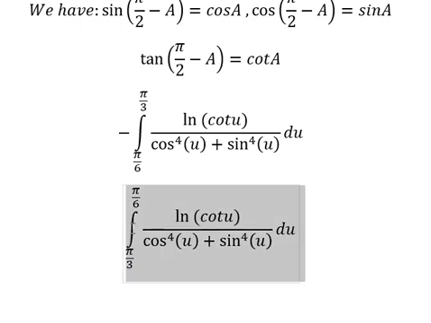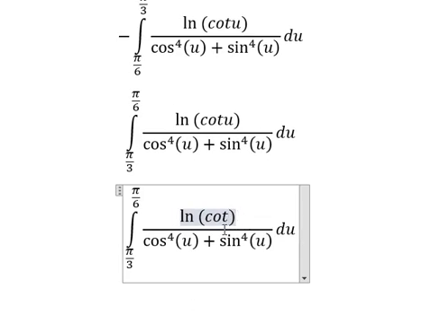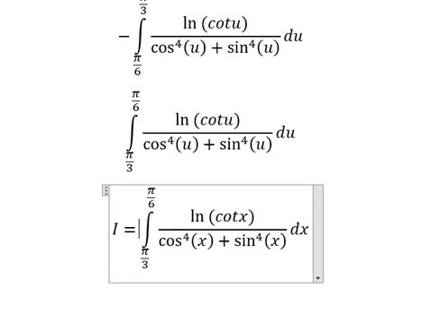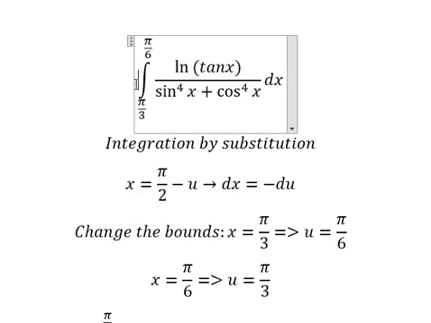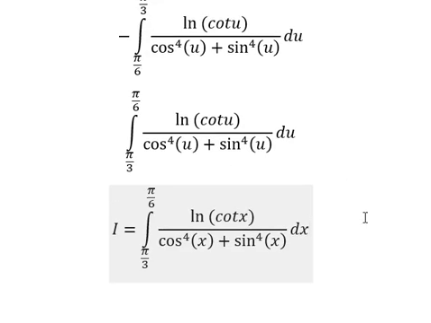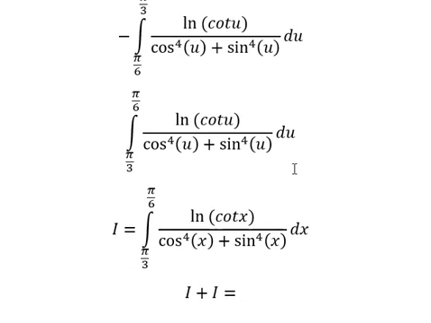And now we can change back for x, because when we change back for x, they cannot change anything in here. So this one I will call capital I, and we know that this one is the same as capital I. So I will put I plus I. So this one, that's it in here.